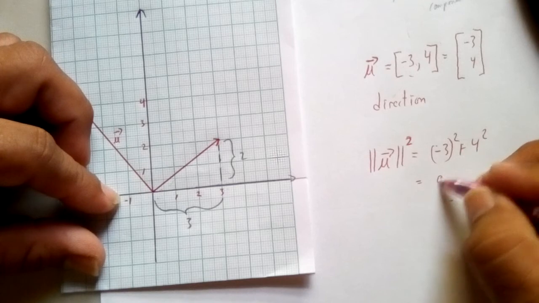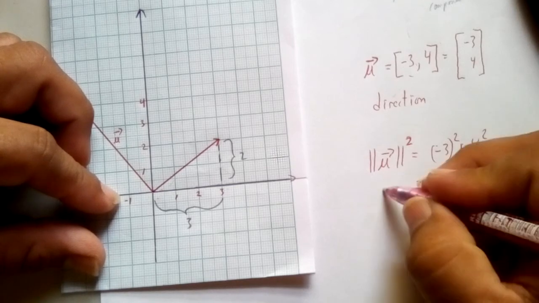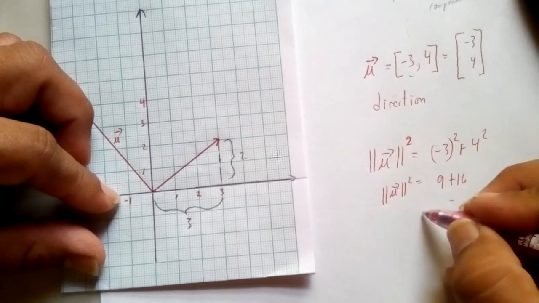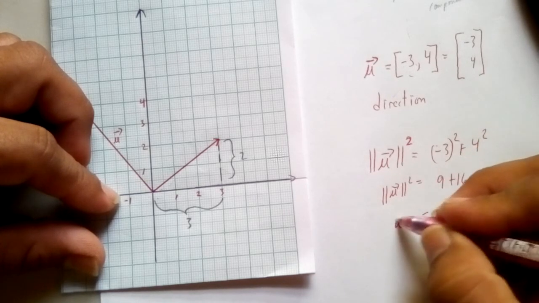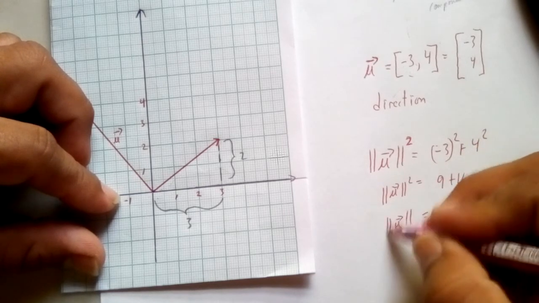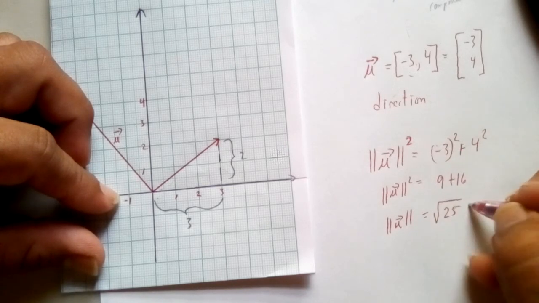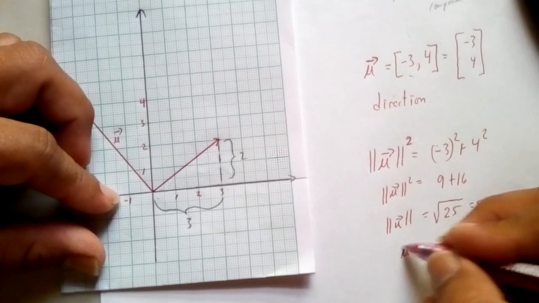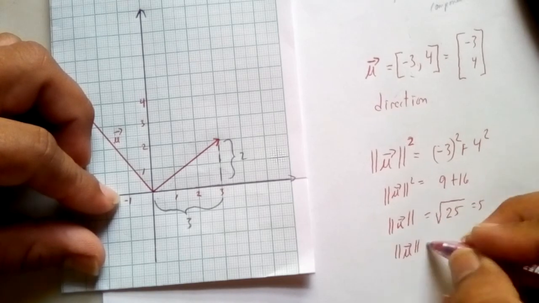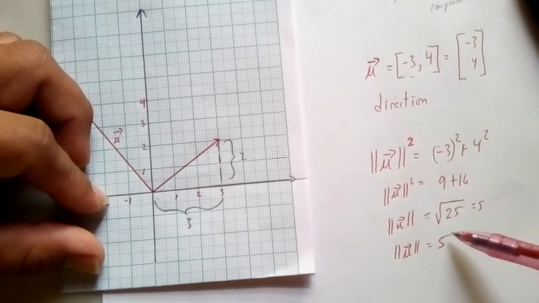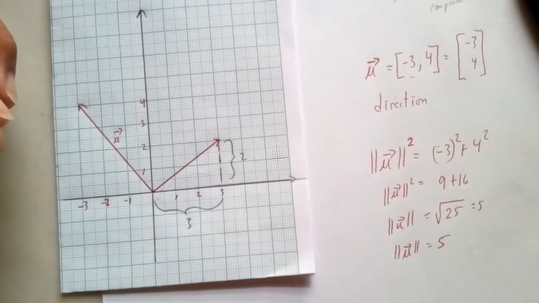This now gives me 9 plus 16. So I put the square root of 9 plus 16, that gives us 25, which is 5. So therefore the length of this vector is equal to 5. It has direction, it has magnitude. So we have completed that with that particular vector.